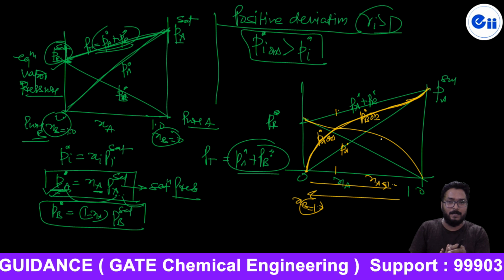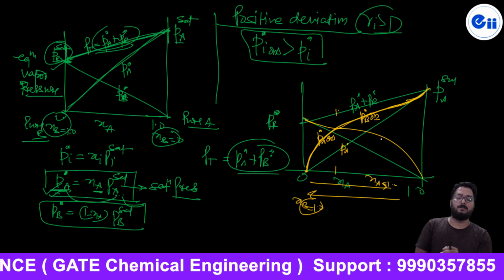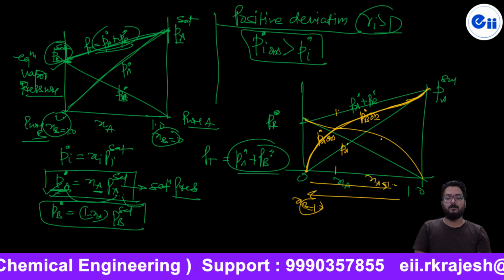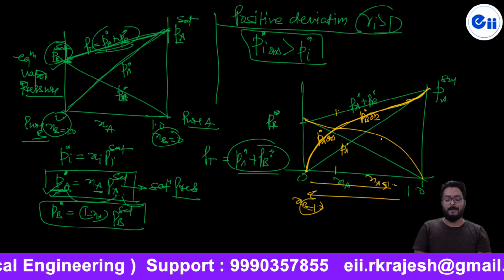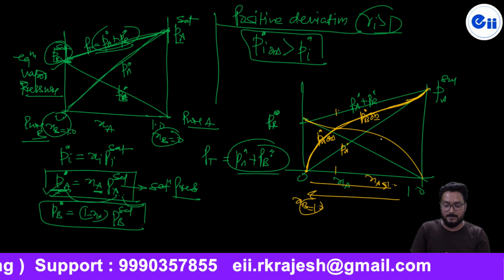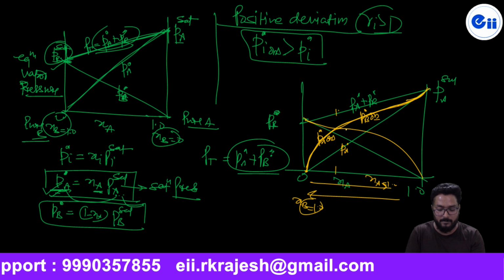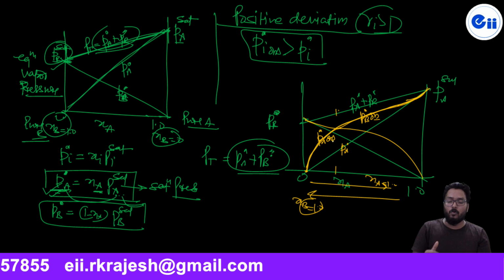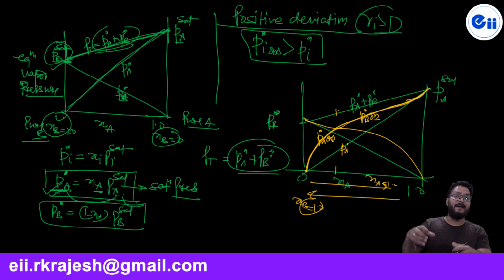And it is found that at some certain composition, the total vapor pressure, called the observed total pressure, PA plus PB, is found to be more than the vapor pressure of either species.